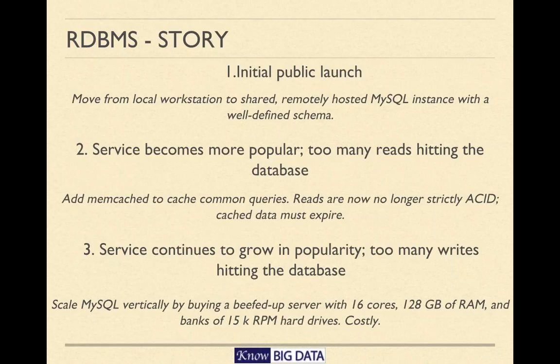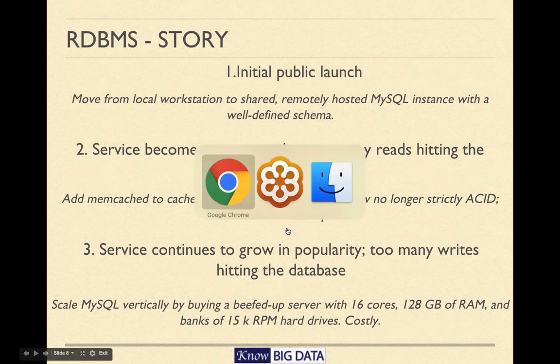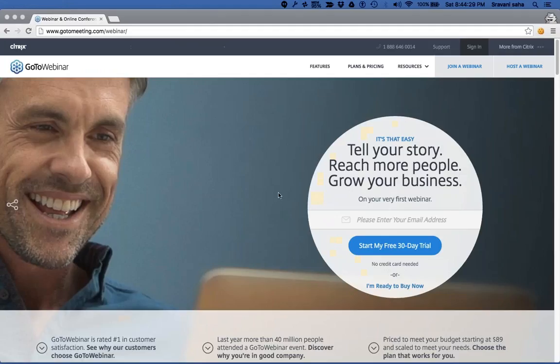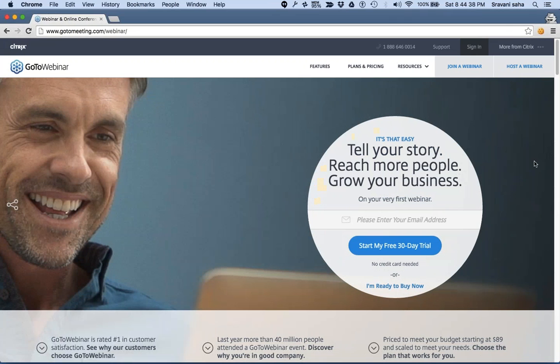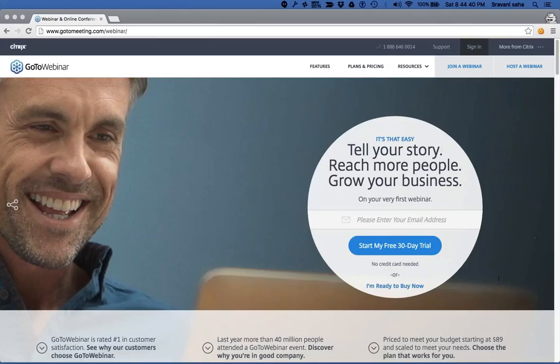What is ACID? ACID are the four properties every database should have, every transaction should have. ACID: A for atomicity. Anybody quickly? How many of you know what ACID is? Consistency, atomicity, integrity.